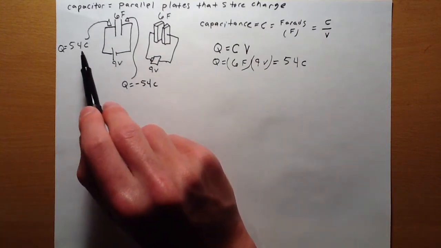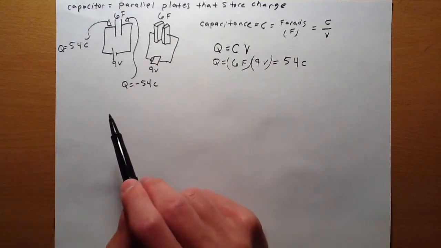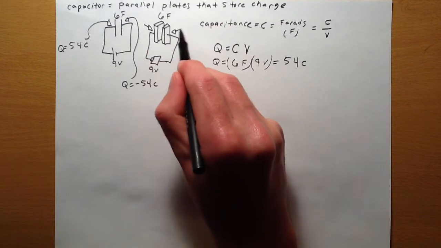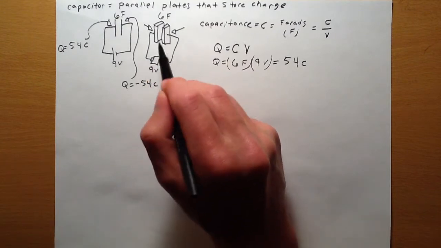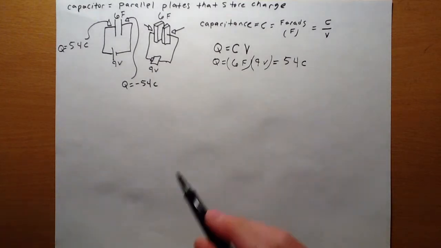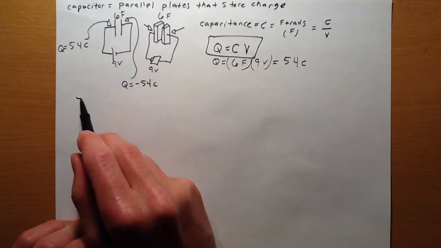And the positive coulombs attracts with the negative coulombs. And the same is true for these 2 points right here. This system is this system, but in 3D. So remember this equation. Charge equals capacitance times voltage.